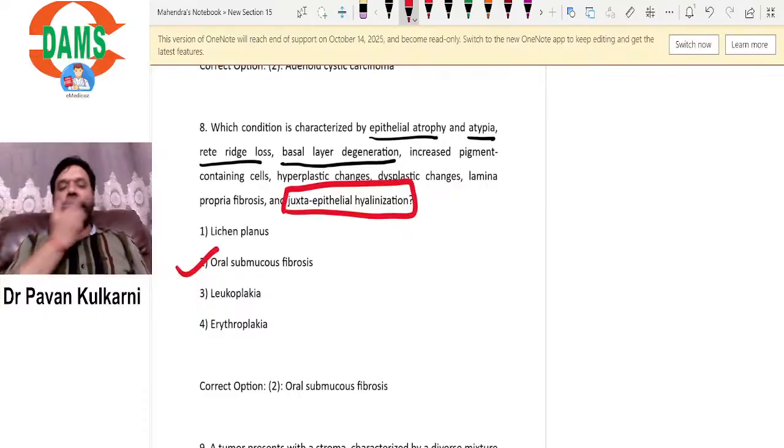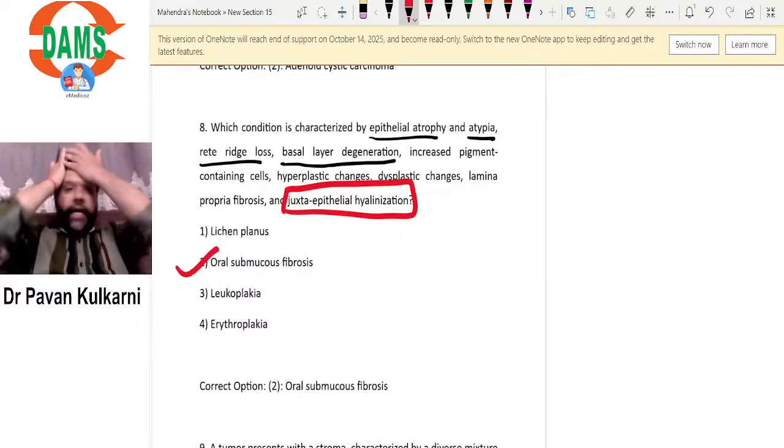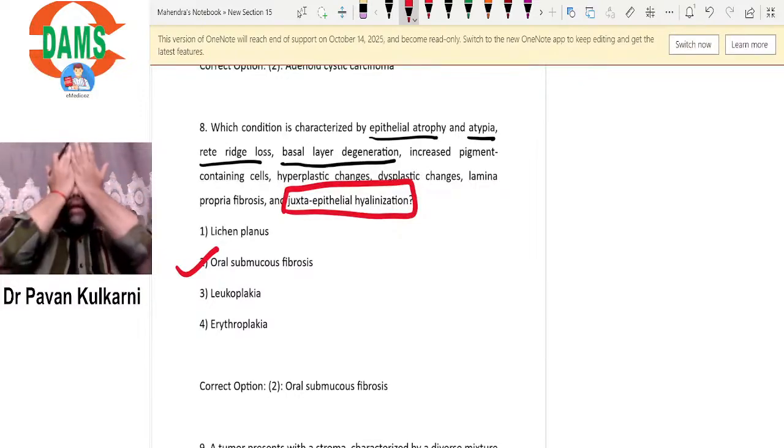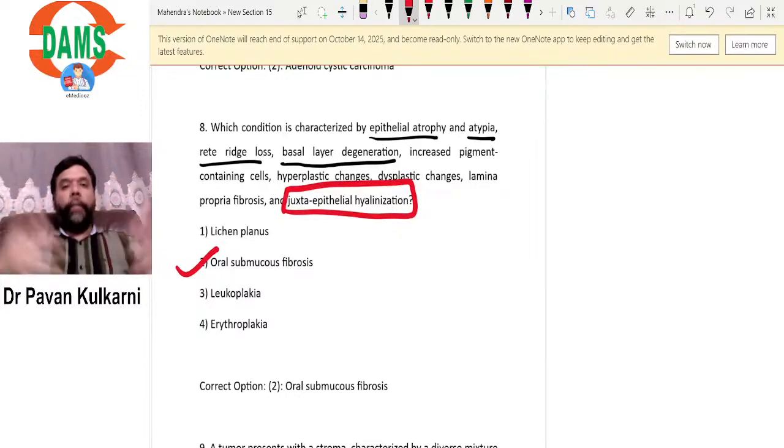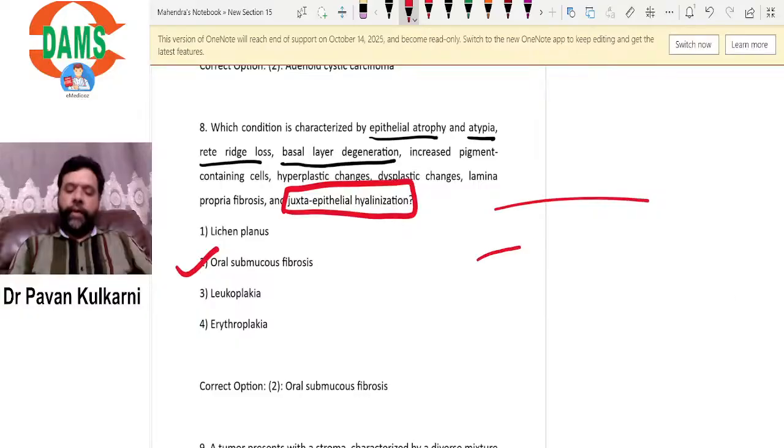See, oral submucous fibrosis. What happens in oral submucous fibrosis? Mainly there will be abnormal fibrosis. Abnormal fibrosis means increased collagen production and reduced degradation. Because of this, suppose this is the epithelium, just below the epithelium you will see collagen deposition like this.